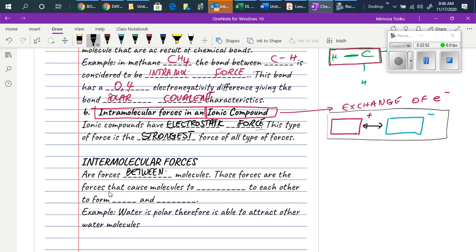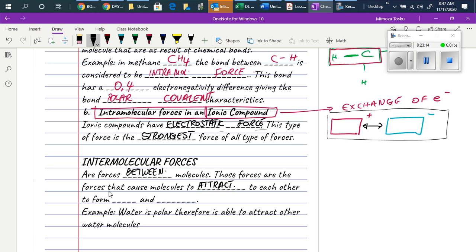What is happening in between molecules? Those are the forces that cause the molecules to attract each other.